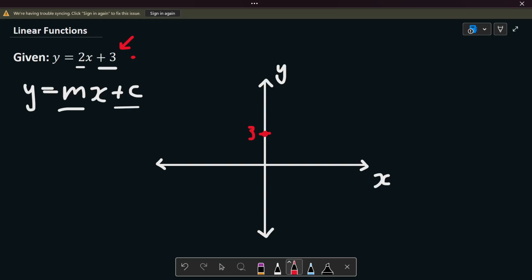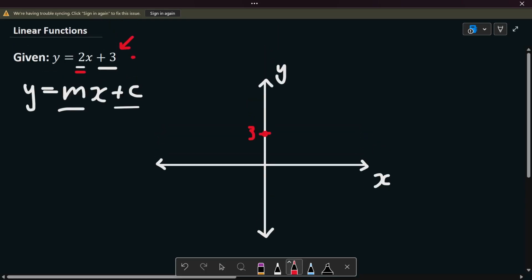Now, we got the point, but how are we supposed to draw the straight line? How do we know which direction it's going to move? That's exactly what I was trying to hint at. If we're talking about the direction of the graph, then we are talking about the gradient, because remember that the gradient indicates the steepness of the slope, and we know what the shape will look like.